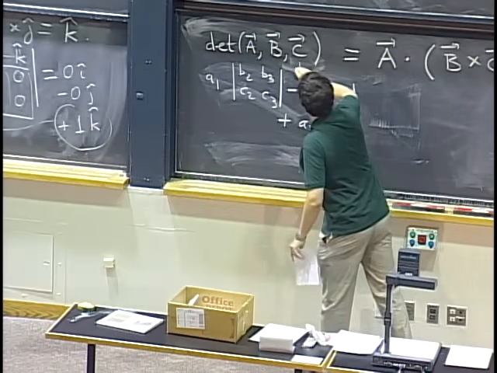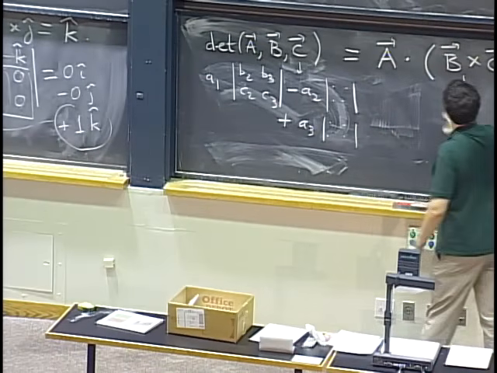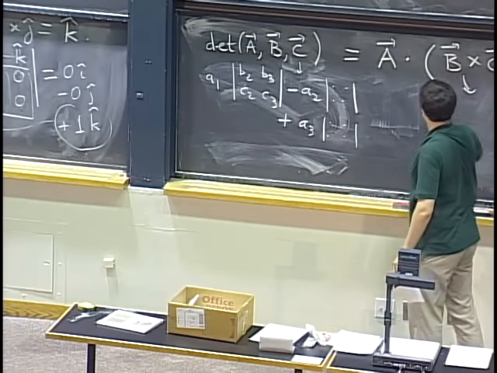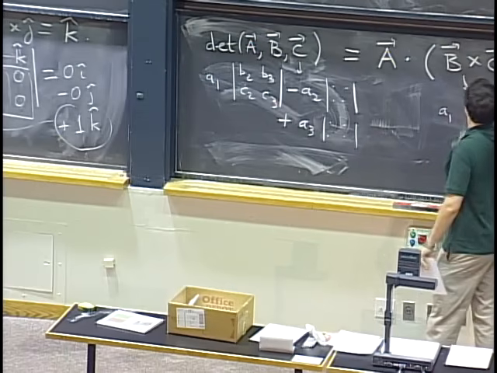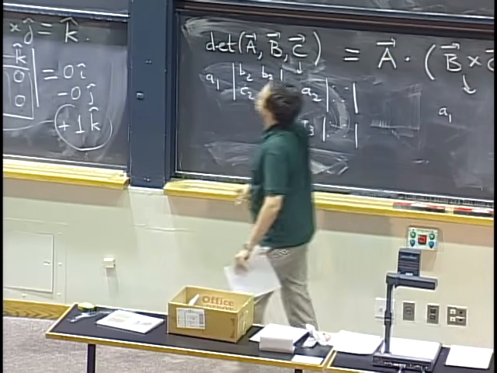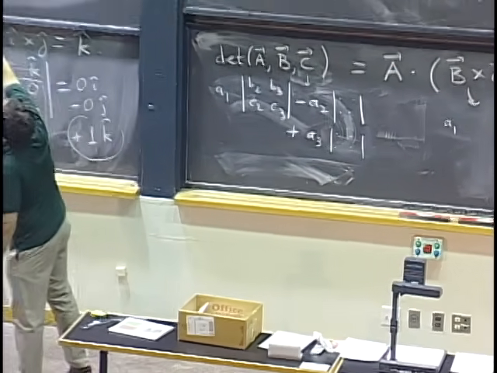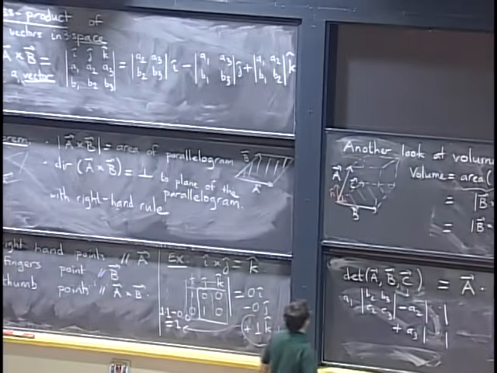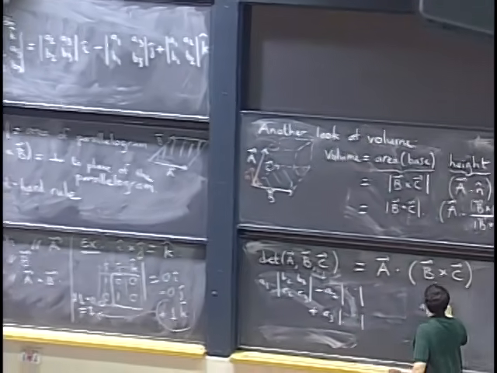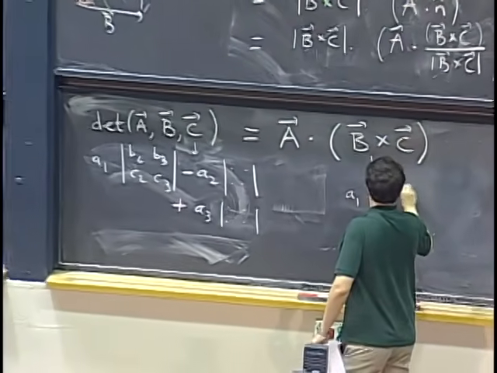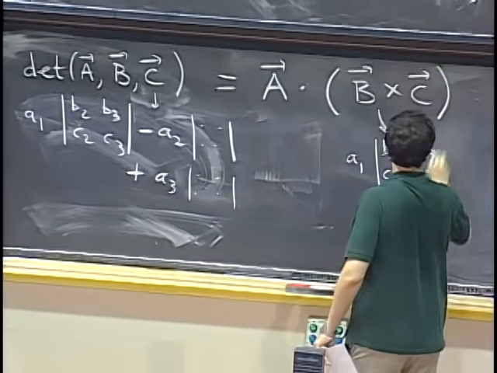OK, that's this one. What about the other? Well, dot product. We take the first component of A, that's A1. We multiply by the first component of B cross C. What's the first component of B cross C? Well, it's this determinant, B2, B3, C2, C3.